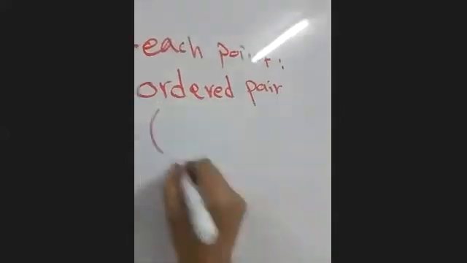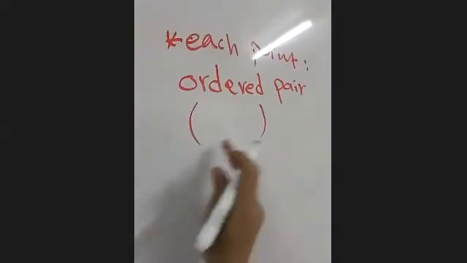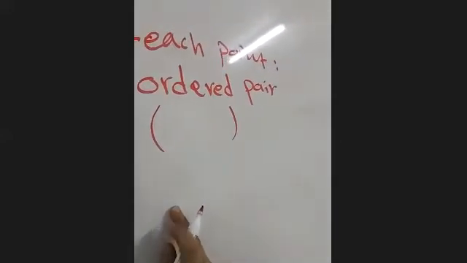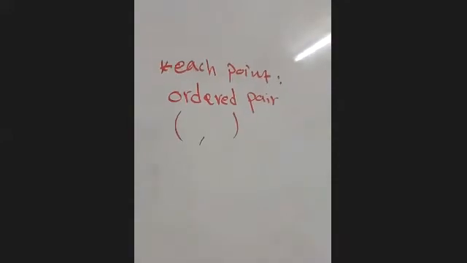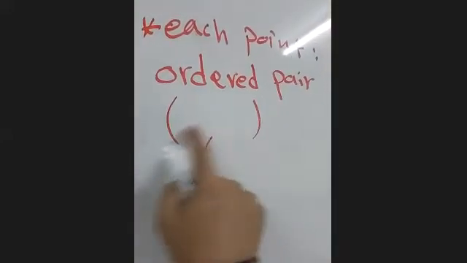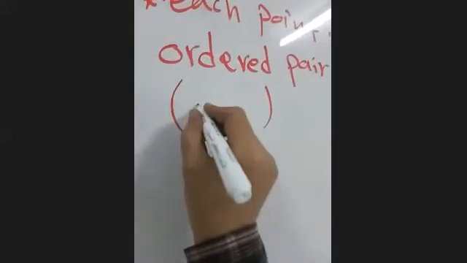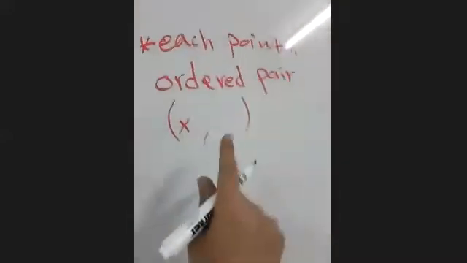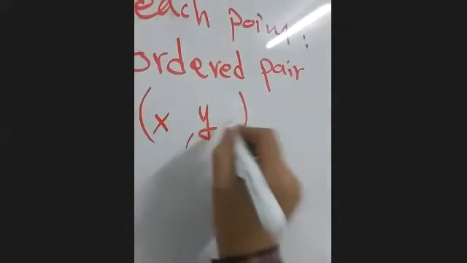Now the ordered pair, like this, 2 brackets, 2 braces, or 2 parentheses, whatever you call it, and a comma between them. And each ordered pair has 2 numbers. The first number is always for x. The second number is always for y.